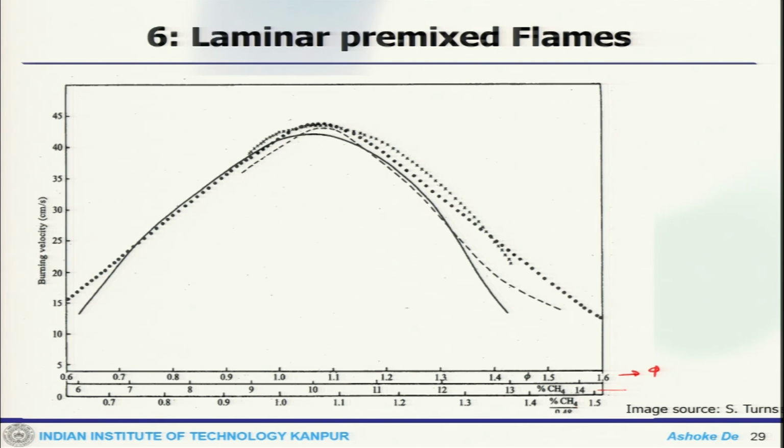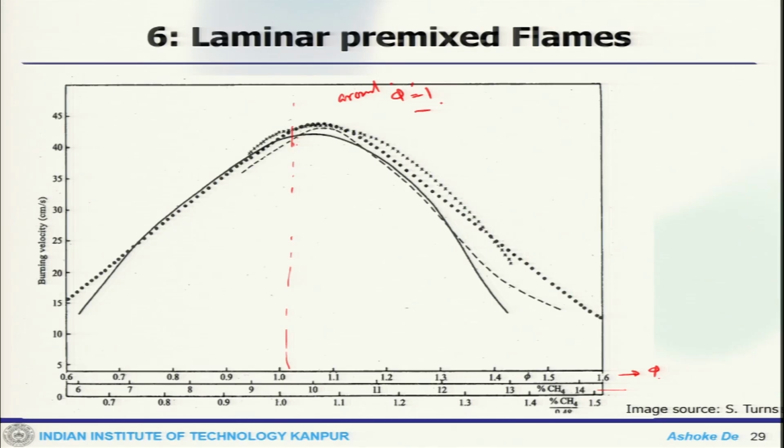What you can see clearly, and this is a very unique characteristic of hydrocarbon fuel, is that if you plot the laminar flame speed against phi, you get a peak around phi equals 1, that is the stoichiometric.